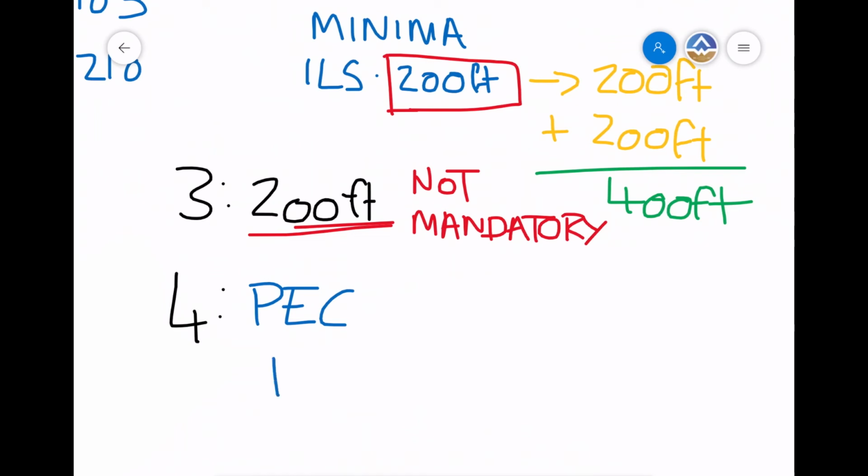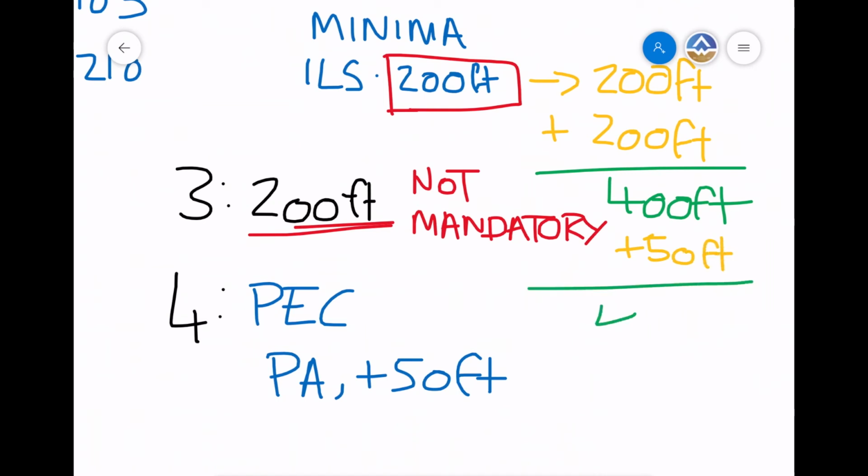The rule here really is if you're flying a precision approach or a PA, then add 50 feet. If it's a non-precision approach, you don't have to add anything at all. This takes our decision height at the moment to 450 feet.